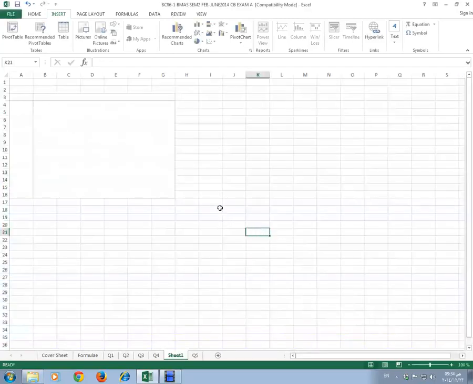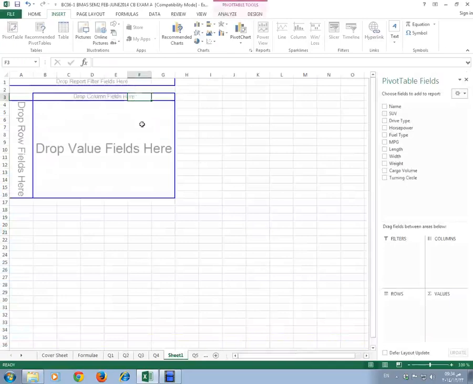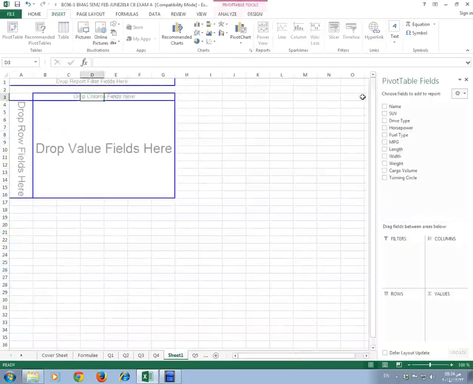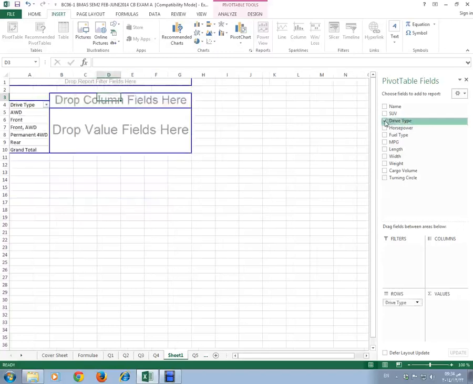Now after doing this, if you click outside you will not see it. If you click in this place, you will see your variables, and according to the question, we need the drive type, and it came here in this place. Normally we have these areas: either you put it here or you put it here. If you want to move it from here to here, you can move it.